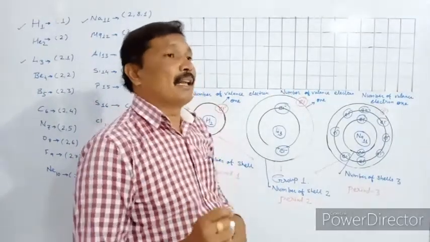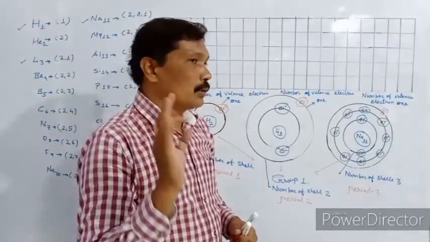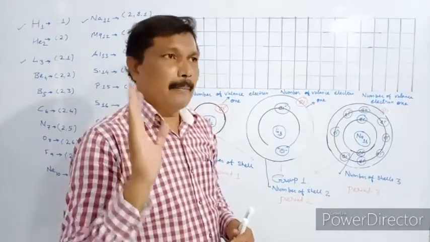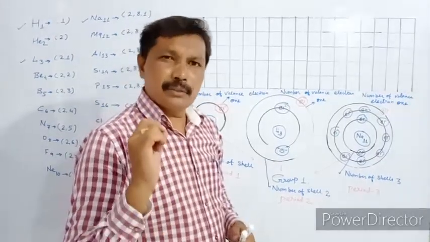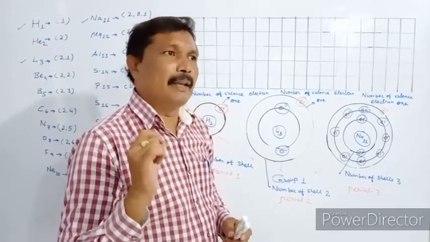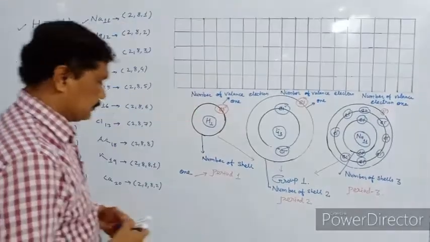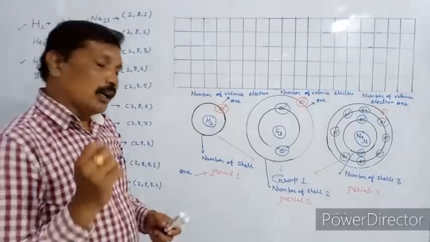In the modern periodic table, there are 18 groups and 7 periods. We will arrange the elements up to period 3. So we will consider the rule.